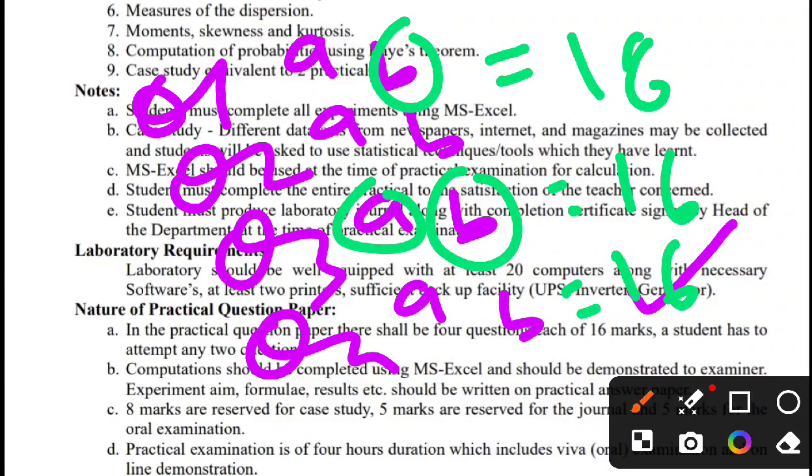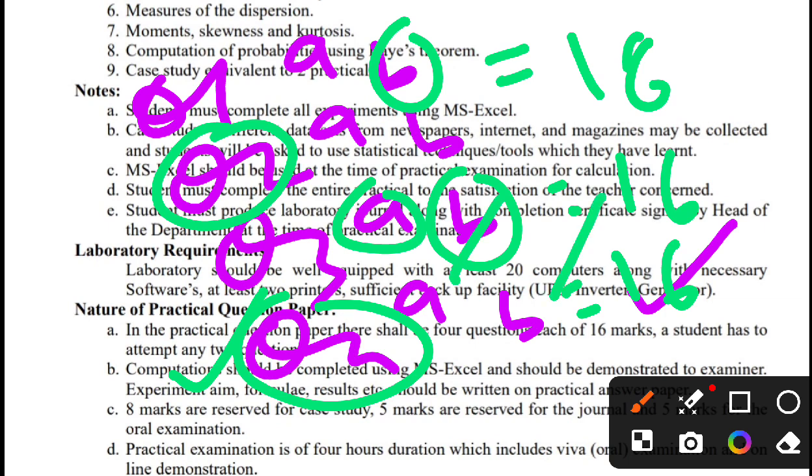Out of these, you need to select any 2 questions. Suppose you select question number 2, then solve both the questions A and B. Suppose you select question number 4, solve both A as well as B for 16 marks. So select only 2 questions out of 4.